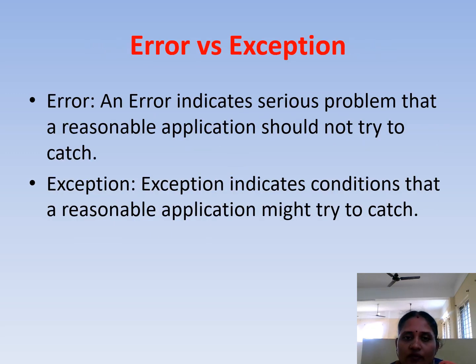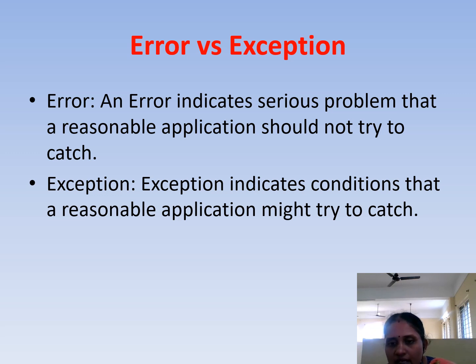First of all, we have to know what is meant by error and what is meant by exception. An error occurs at compile time as well as run time, and it can terminate the compilation or execution. But an exception occurs only at runtime.